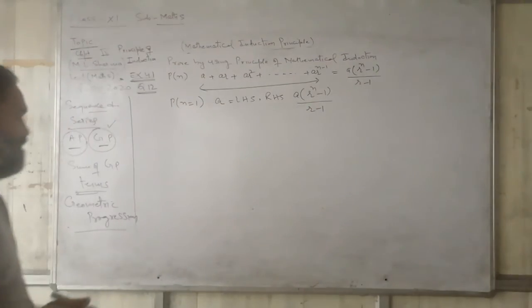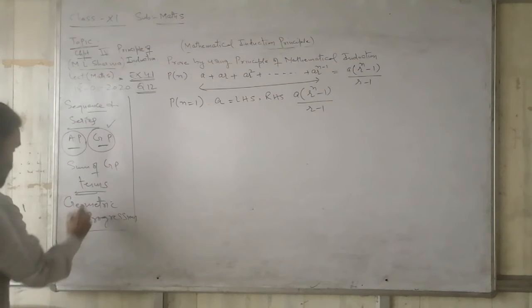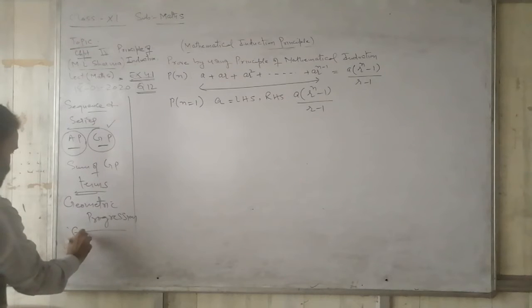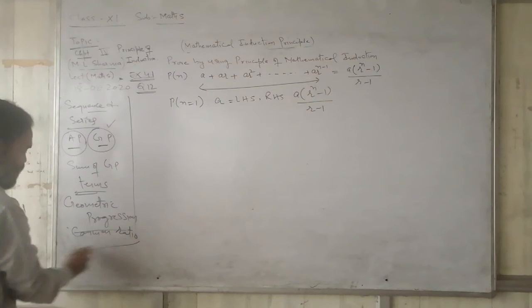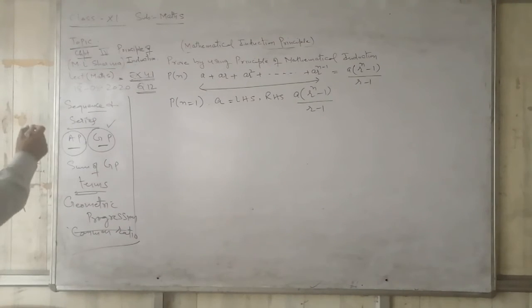This R in geometric progression means common ratio, and N stands for the total number of terms. I will make this clear when the sequence and series chapter comes.